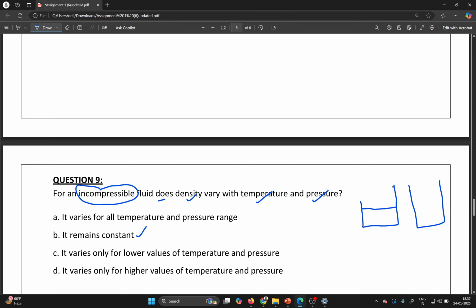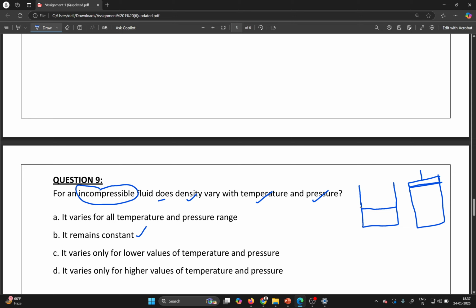I have drawn here two boxes, or two containers, you can say. The liquid is at that level initially, and your plunger at that level.